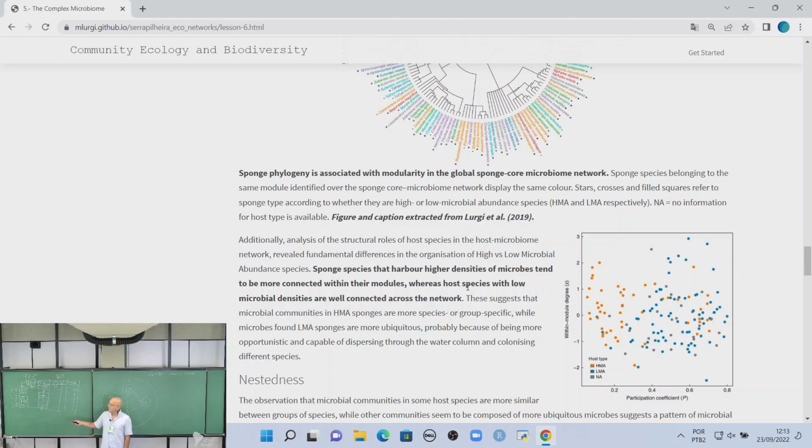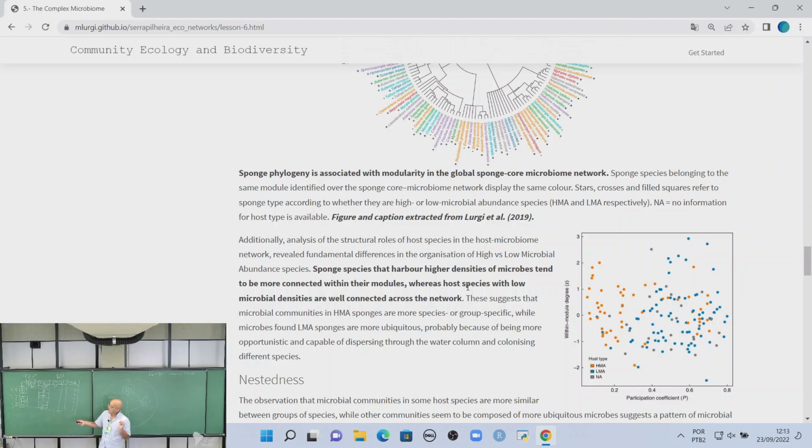We can see the blue colors, and it's not important for now what is blue and orange, but what is interesting is that the blue species tend to be very connected to many other species, and across all of the network, which means that the bacterial communities that live in those hosts are probably shared amongst many other hosts.